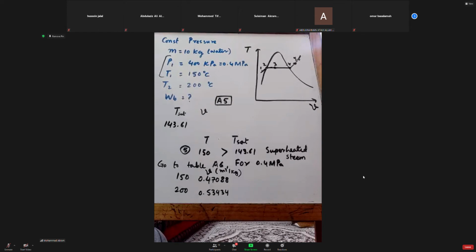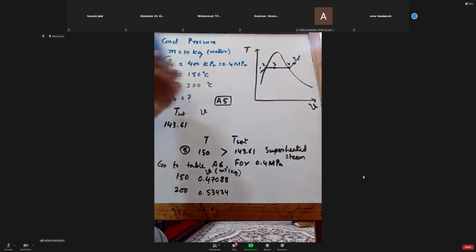Once you know that it is superheated and we have the specific volume, what is the formula to calculate the work? This is a constant pressure process, right?